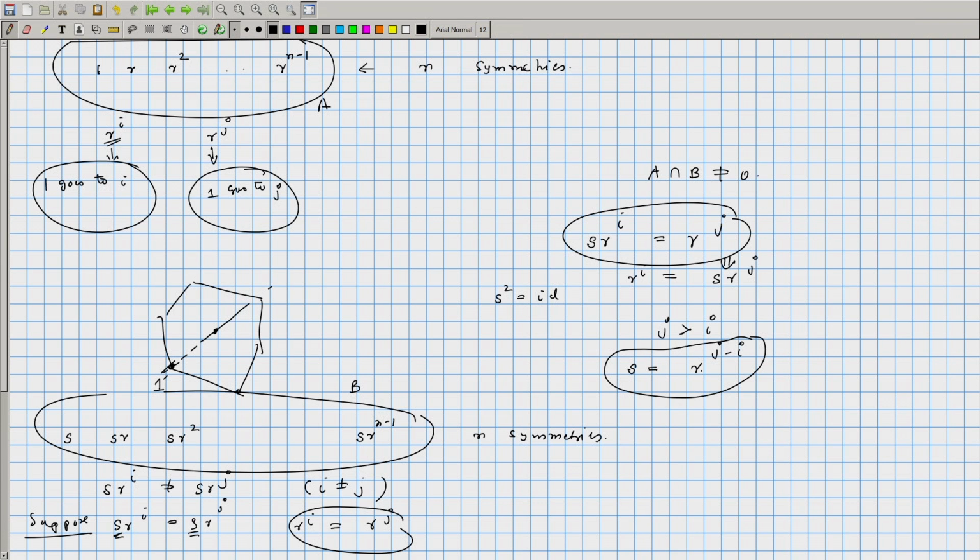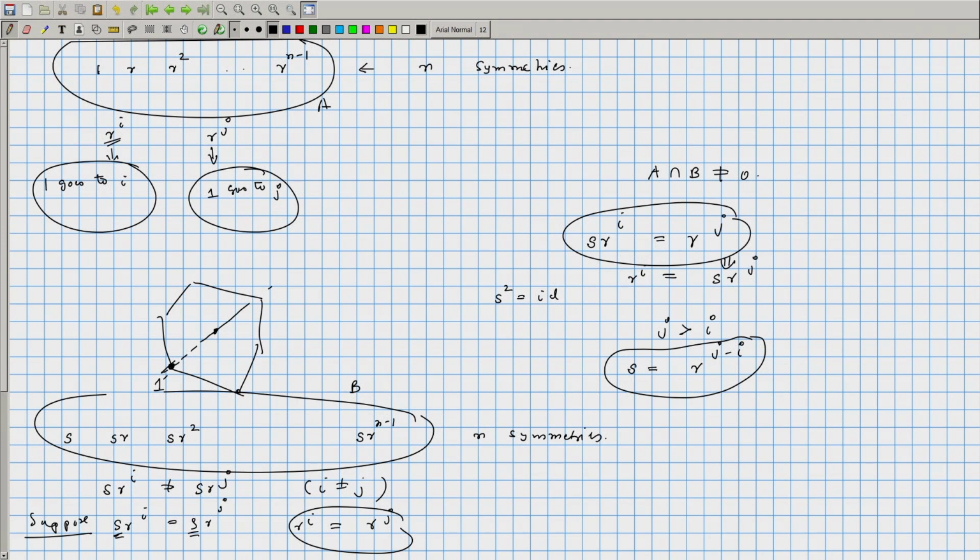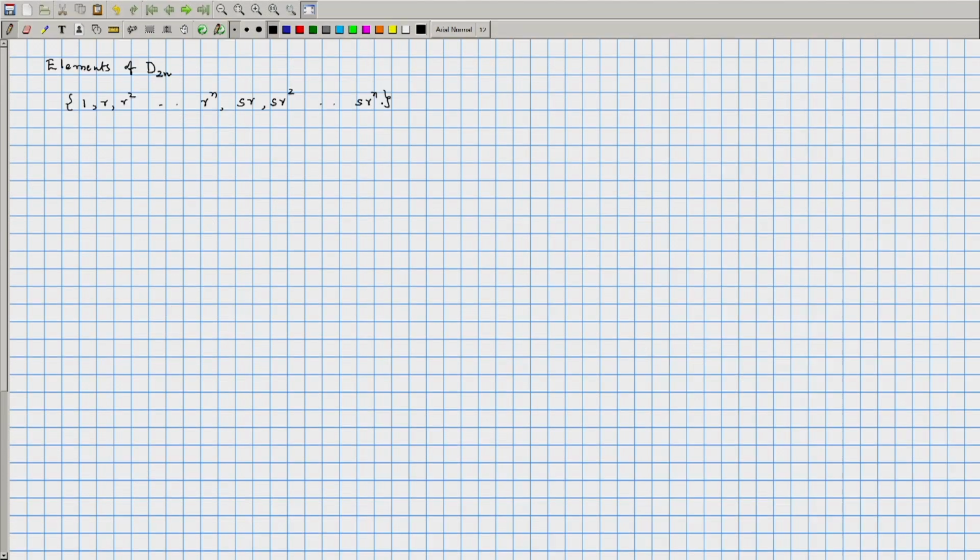A flip can never be equal to a rotation, because a flip leaves a particular vertex unchanged, the vertex about which you are flipping, here vertex 1. So, the flip leaves 1 unchanged, whereas r raised to j minus i sends 1 to the vertex j minus i. So, there are no common elements.